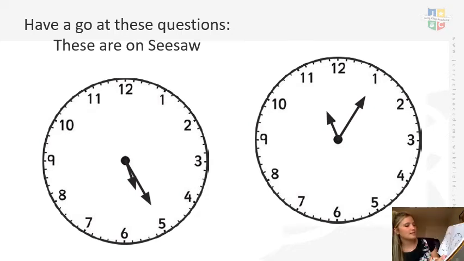So using our steps, I need to first of all look at my minute hand. If we look at this one first, I can see that my minute hand is on the past side. So I will start at the 12, and again, I'm going to jump in 5s because it is quicker.